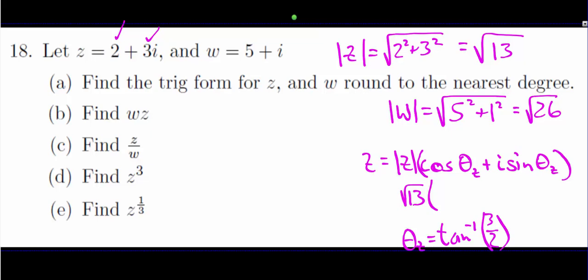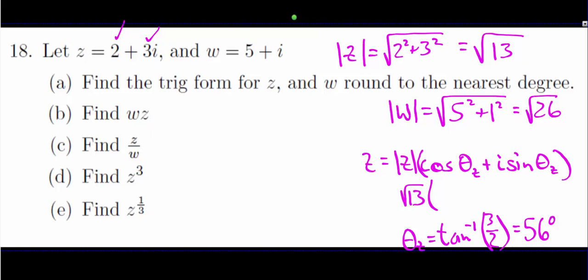But remember, if you're in quadrant 2 or 3, you find the inverse tangent, but then you add 180 to it or add pi to it. Okay, so this is what we've got so far. I want to round this to the nearest degree, and that comes out to be 56 degrees.